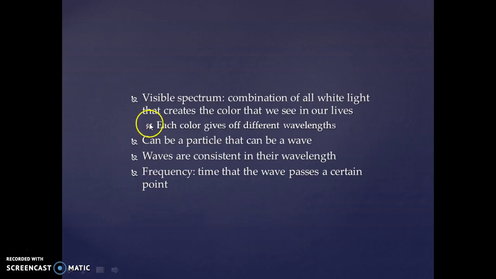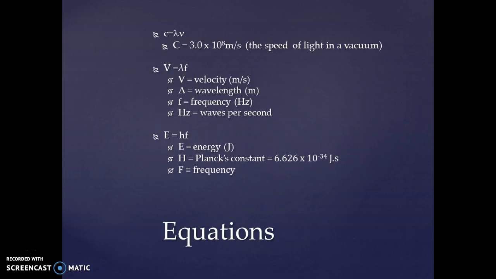And each wavelength are like different particles that make up the wave, and the waves are consistent with their wavelength and the frequency. And the frequency is just pretty much the time that the wave passes for a certain point in time. And all these here are pretty much just equations that you can use for different things and the different meanings for each one.